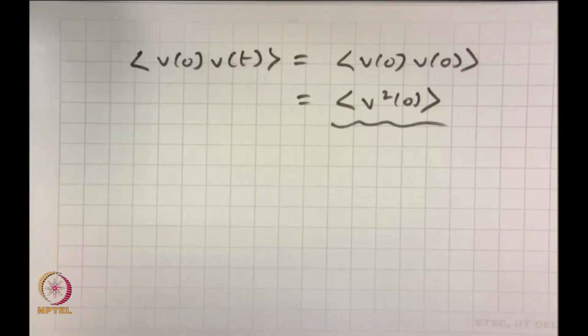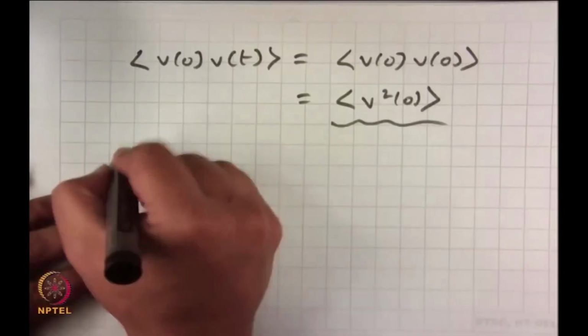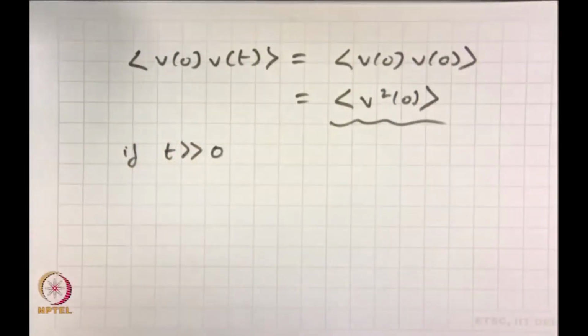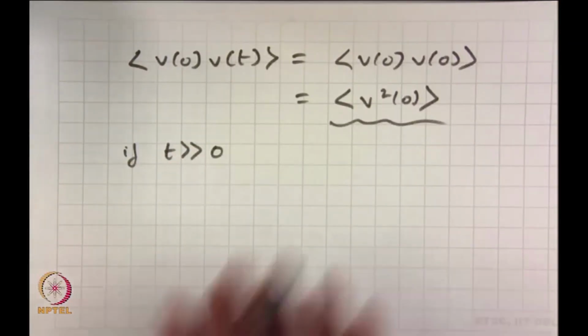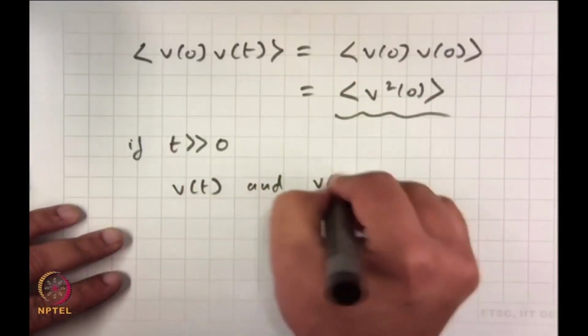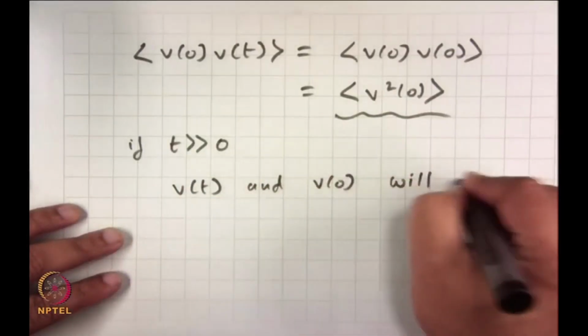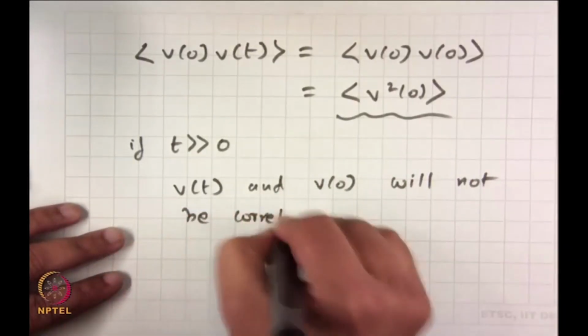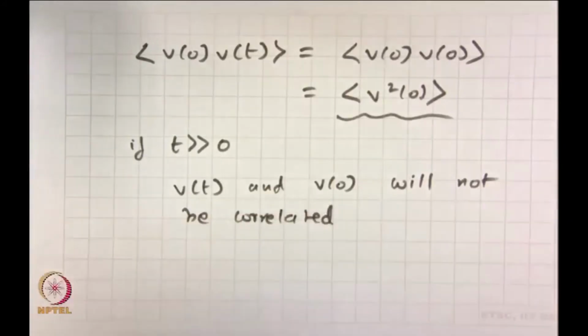Okay. Now, what will happen if t is much greater than 0? If t is much greater than 0 now, as we just discussed, then V of t and V of 0 will not be correlated, right.